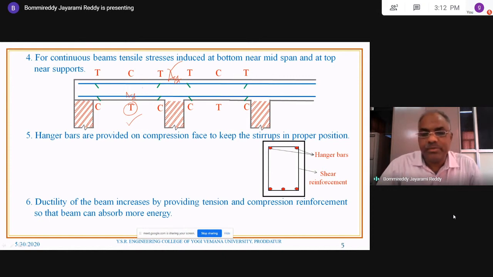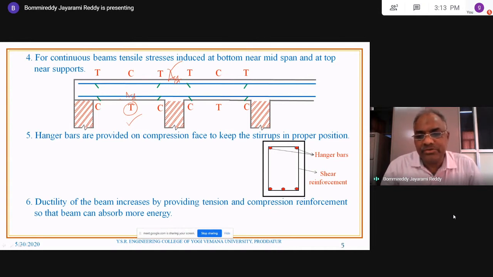So for such a practical situation, we need doubly reinforced sections. At any level, there is top reinforcement and also bottom reinforcement, so a beam designed as a continuous beam should always be a doubly reinforced section.